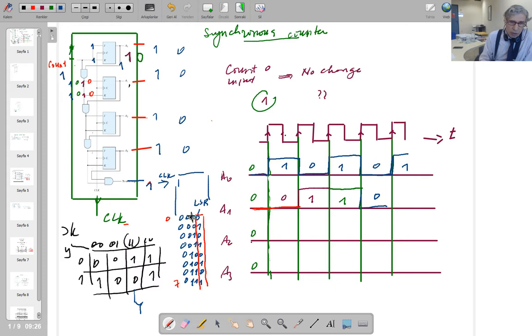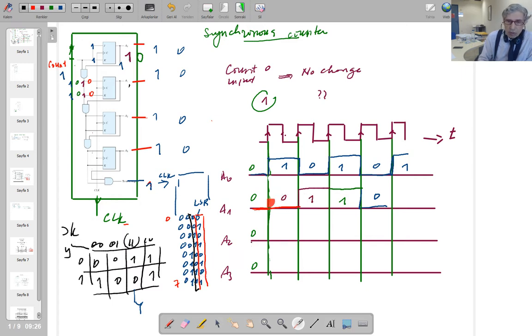Let me make it color black. So this second bit here, when you are doing the counting, has 2 zeros here, 2 ones here, 2 zeros here, 2 ones here.